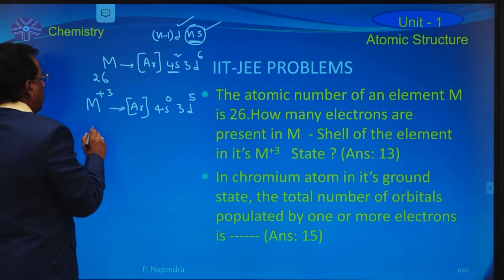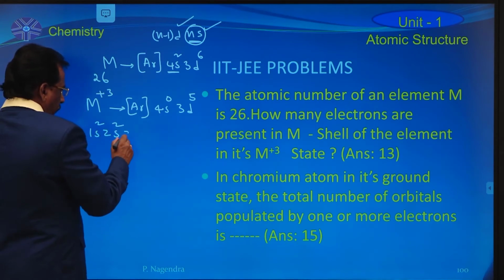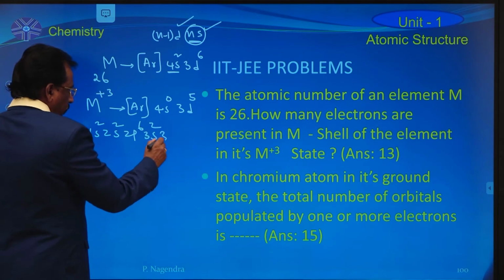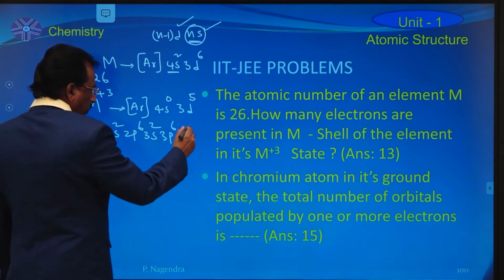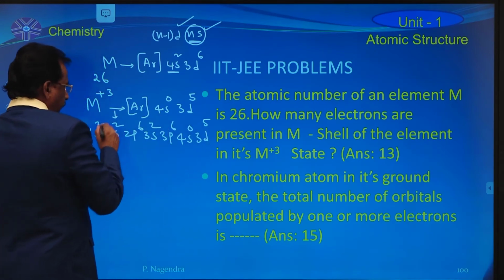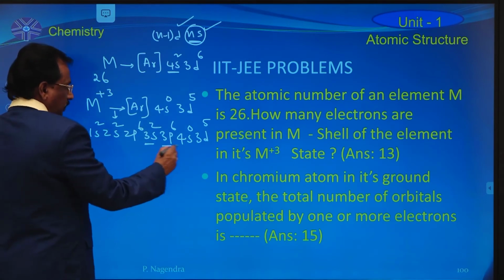So its configuration is 1s2, 2s2, 2p6, 3s2, 3p6, 4s0 and 3d5, both are same. Now third shell means n is equal to 3.